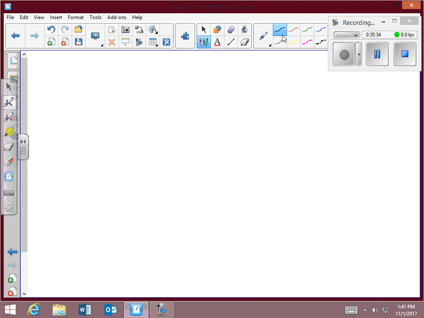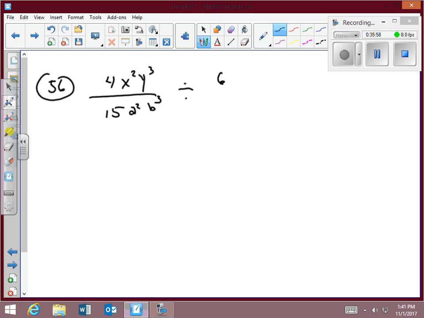When you divide, here's 4x squared y cubed over 15a squared b cubed, divided by 6xy over 5a cubed b.